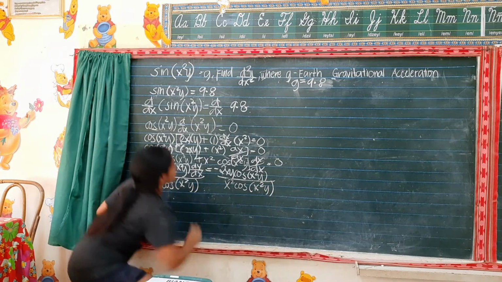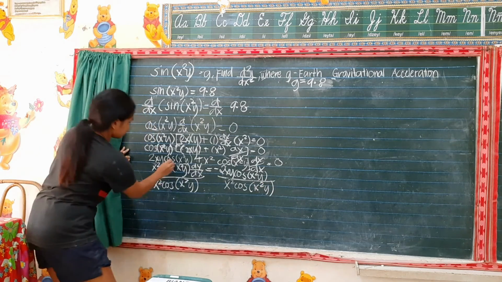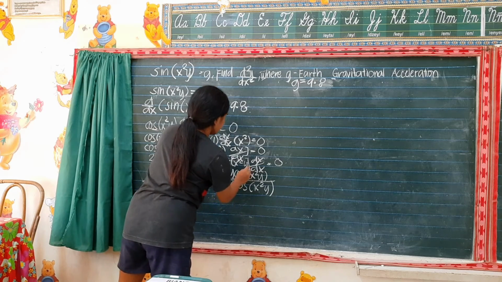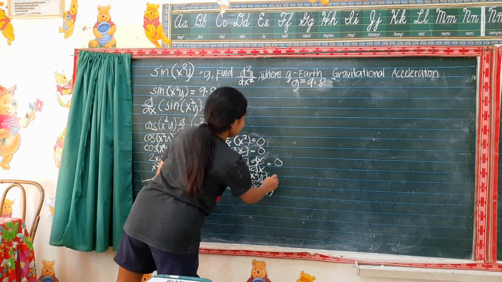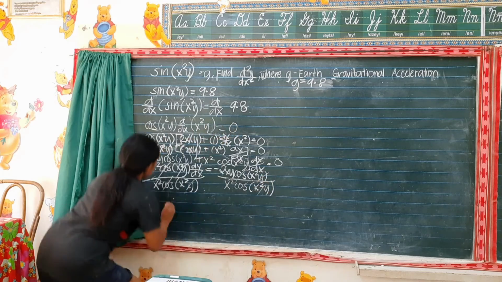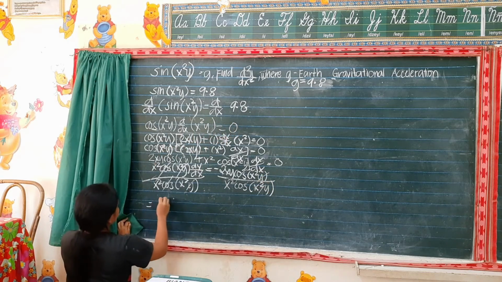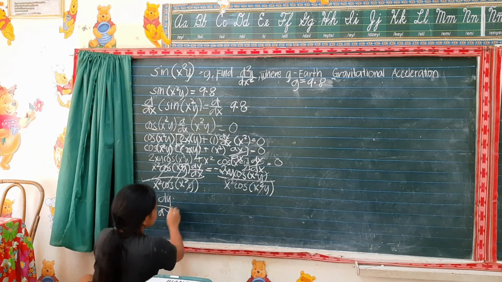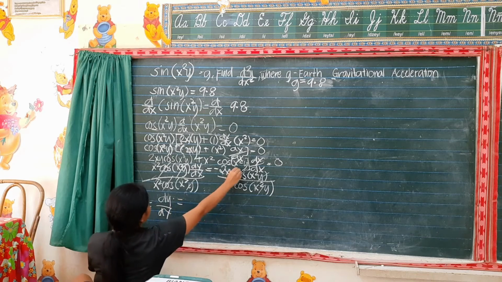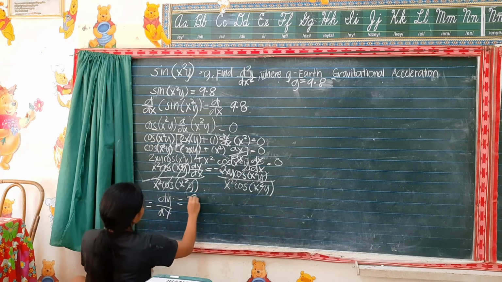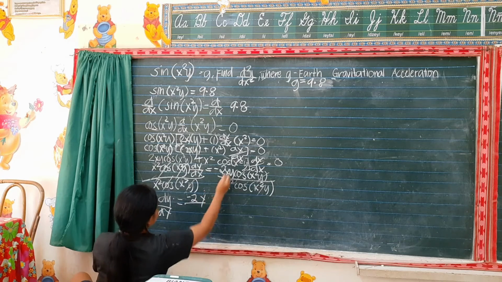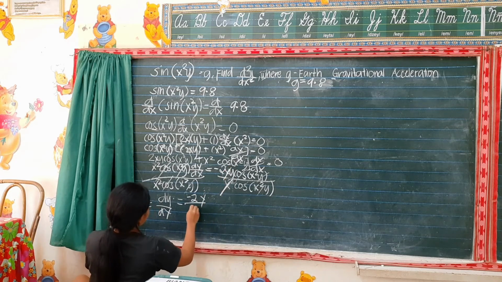So we need to cancel out x squared, then cos of x squared y, then dy over dx is equal to negative 2y over x.